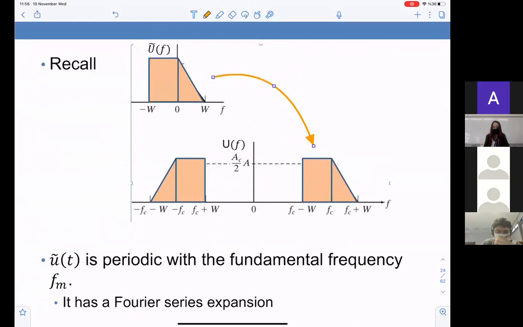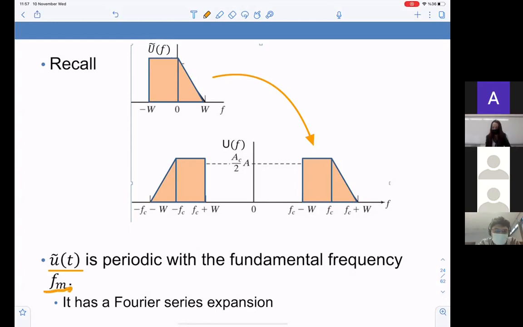Now, the complex envelope of our modulated waveform that's coming from the sinusoidal input will be the center of our analysis. It is periodic with the fundamental frequency FM.